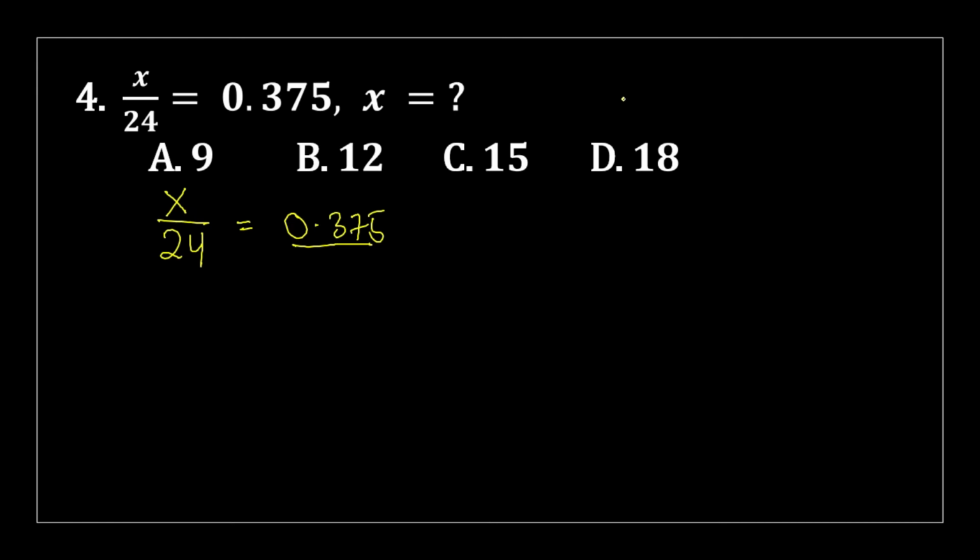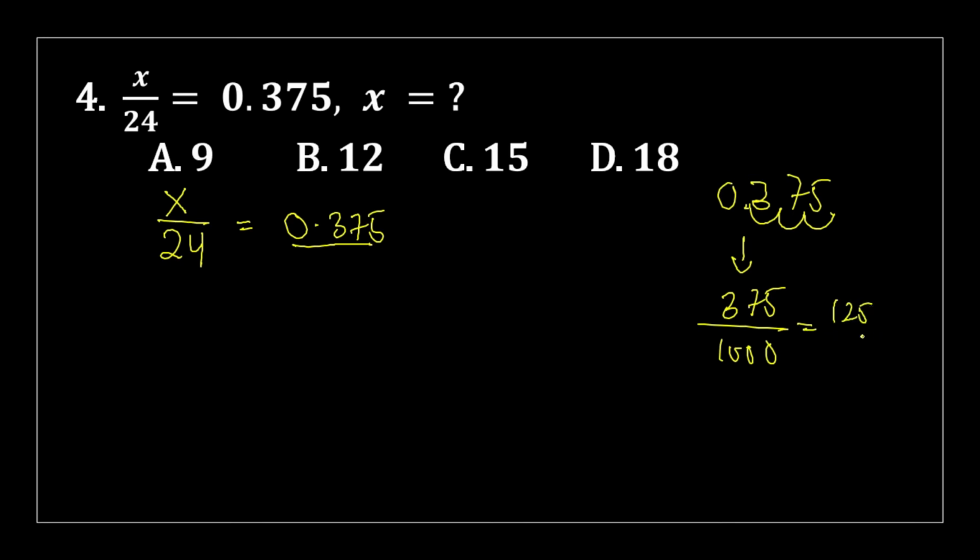Let's move the decimal point by 3 so we could get 375 over 1000 as a fraction. We could simplify this by dividing both sides by 125 and we can get 3 over 8 as our fraction reduced to lowest terms.